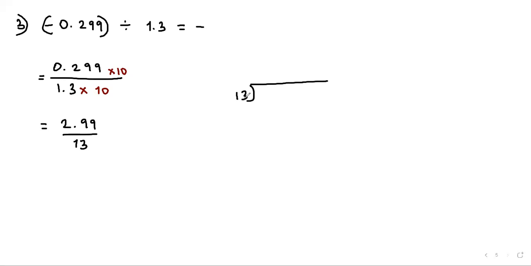We have 13 and we have 2.99. Okay, so what should we do? 2 divided by 13. What do we get? Not possible. Since it is not possible, we simply write a 0. Is that okay? Now, 0 times 13, what do we get? 0.